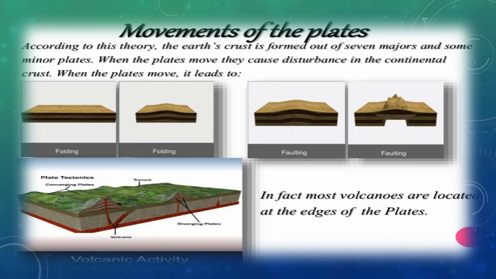There are 3 diagrams in your textbook: convergent plate boundaries, divergent plate boundaries, and transform plate boundaries. So I'd like you to draw those 3 diagrams and color and label them with a black pen.